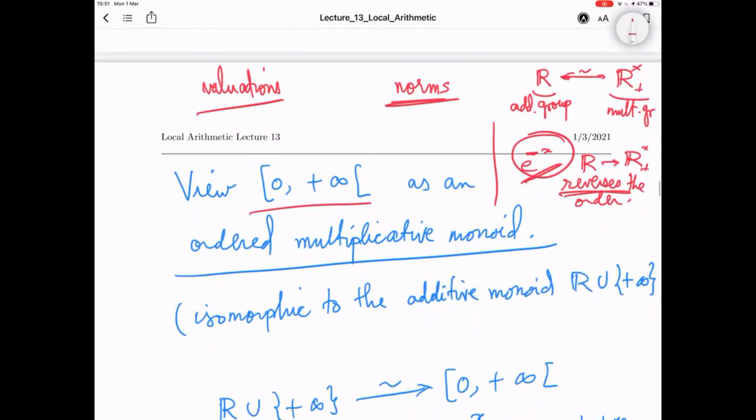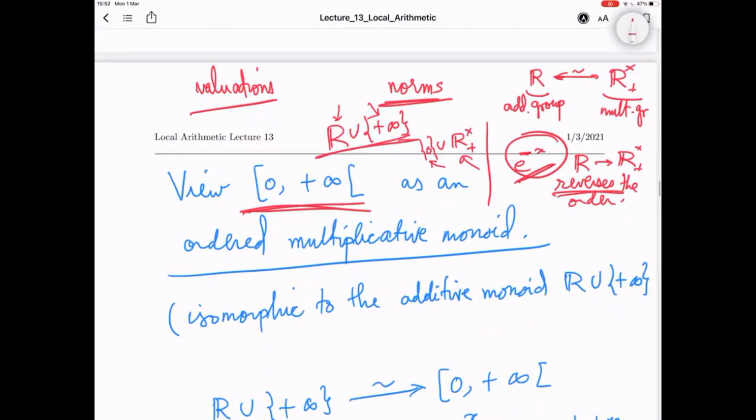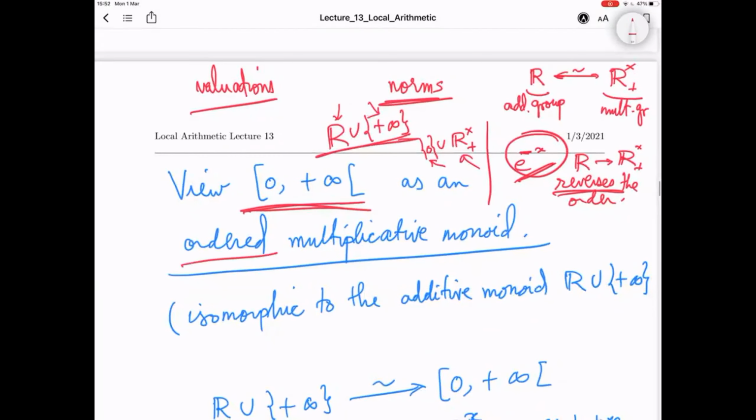So this is the group R. Just as you had R union plus infinity, here the analog is going to be R star plus union 0. To this additive group, I'd adjoin the element plus infinity. To this multiplicative group, I'll adjoin the element 0. So that's what I get: 0 to plus infinity. This is an ordered multiplicative monoid.